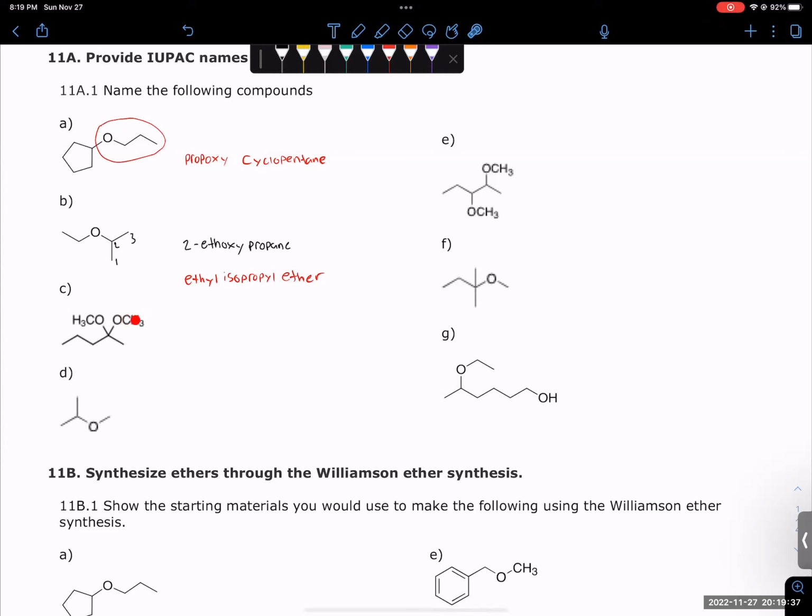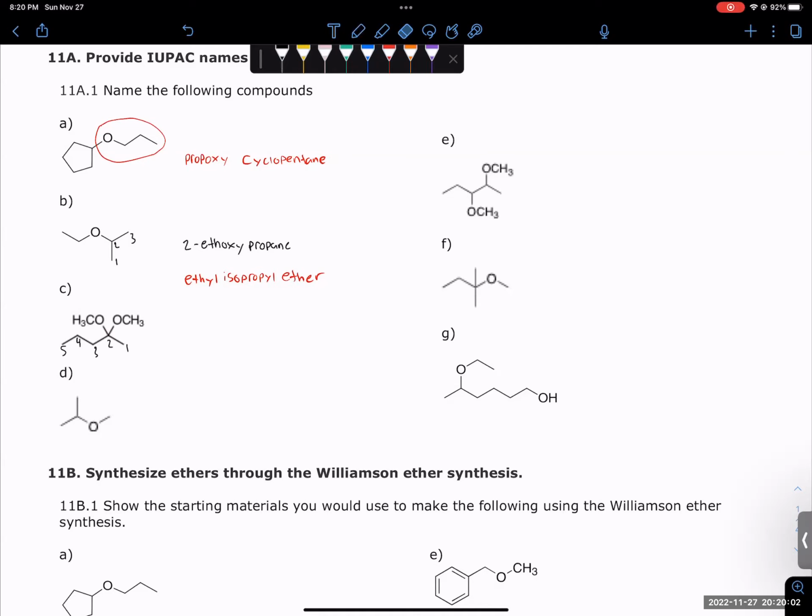Meth, because there's 1 carbon attached to this oxygen. So there's 2 methoxy groups, and we can count from either direction, we can do 1, 2, 3, 4, 5, or we can do 1, 2. This is the way we want to do it because we want our substituents on the lowest numbers in the carbon chain. So it would be 1, 2, 3, 4, 5. That's a pentane chain.